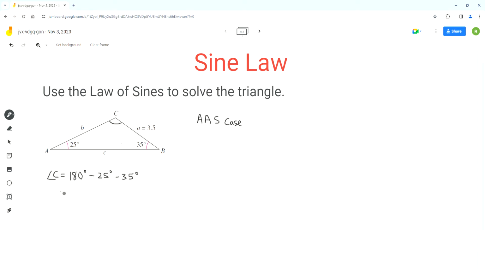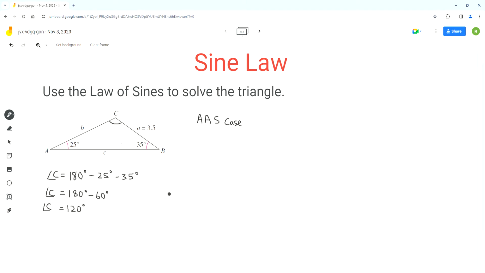And I get 180 degrees minus 60 degrees, which is equal to 120 degrees. So that's the measure of angle C. Now we have all angle values in this triangle.